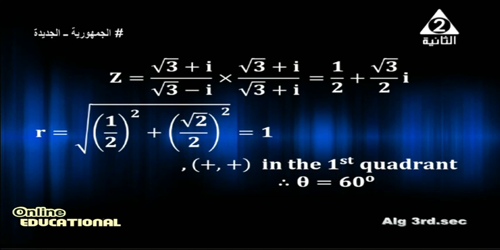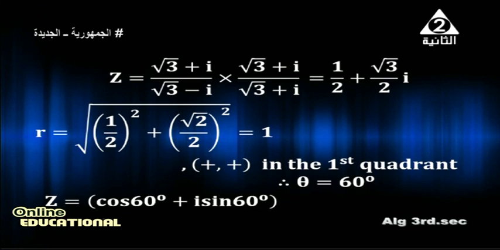We have R and we have theta. R means the modulus of the complex number, theta the amplitude of the complex number Z. We can put it in exponential form by using Z equals R e to the power theta i.